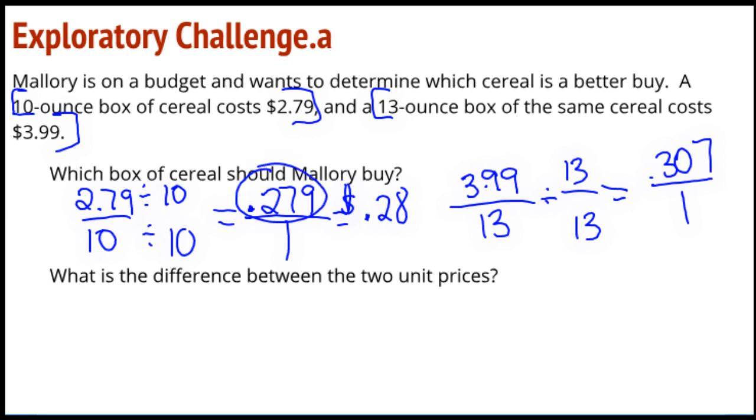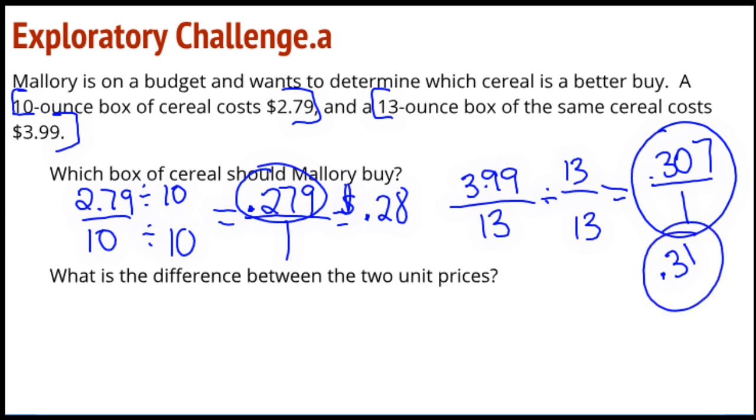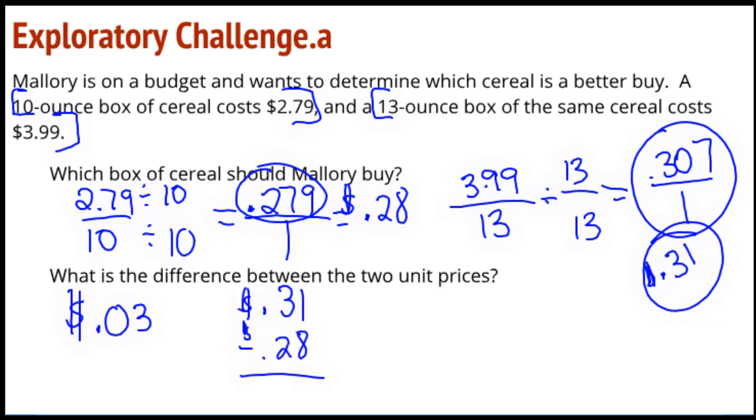We don't usually deal in amounts less than a penny. And over here, I'm finding that the 13-ounce box is about 31 cents per ounce. So I'm thinking here that Mallory needs to buy the 10-ounce box because the difference between the two unit prices is about 3 cents. I've taken that 31 cents and subtracted the 28 cents. And I did that rounding, once again, because we're looking at money.